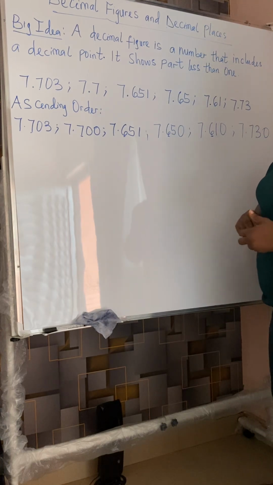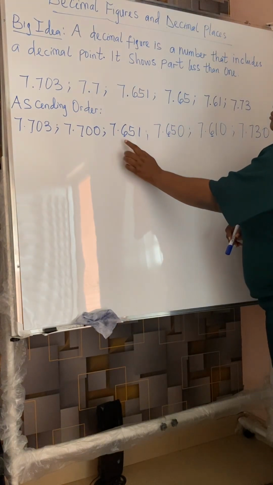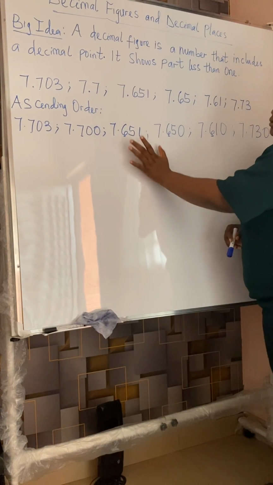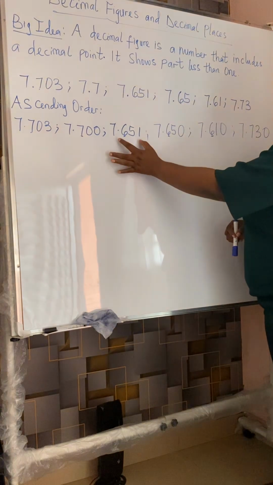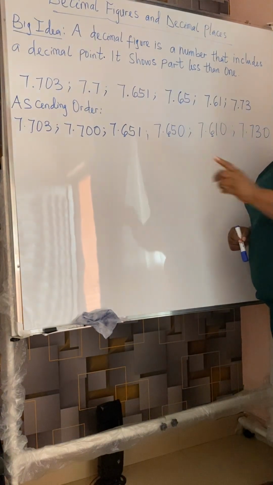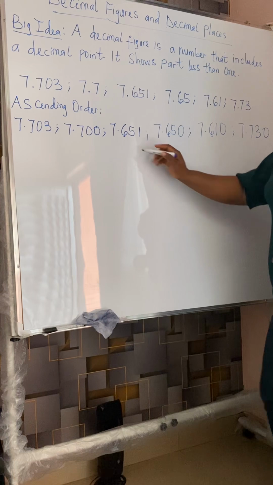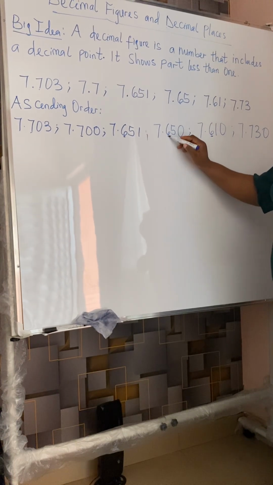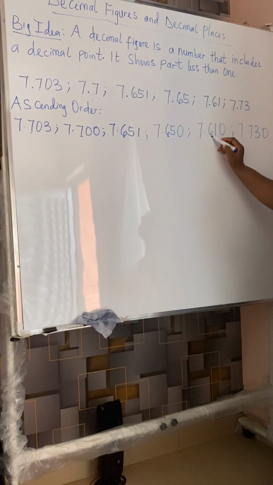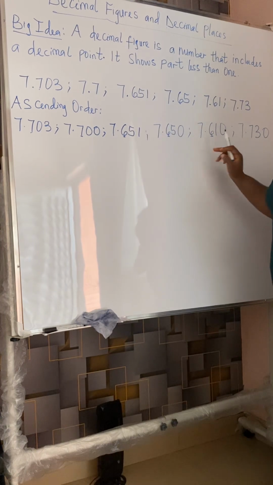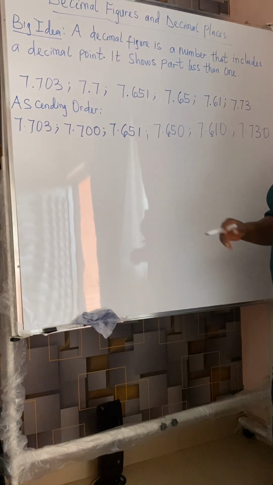So it means the smallest number should be any of these. So I'm going to zoom my attention to this, this, and this. Stay with me. So the tenths is 6 here, 6 here, and 6 here. All the same. I'll move to the hundredths.